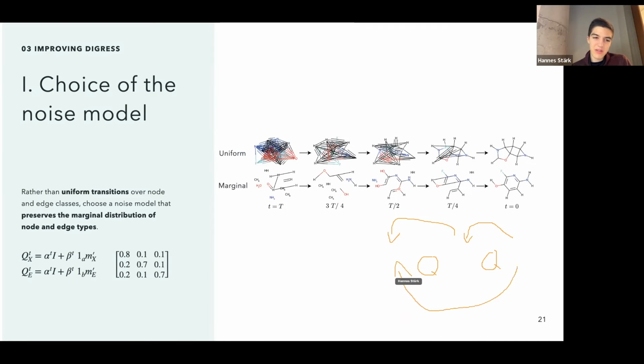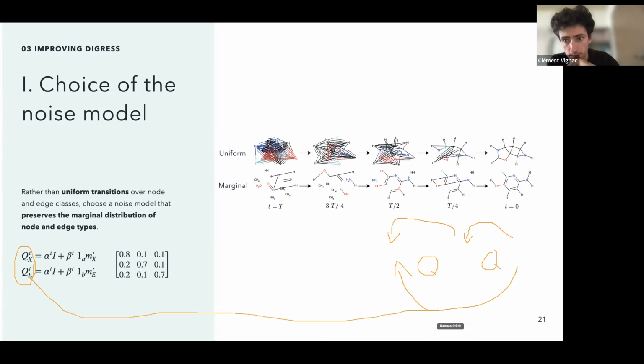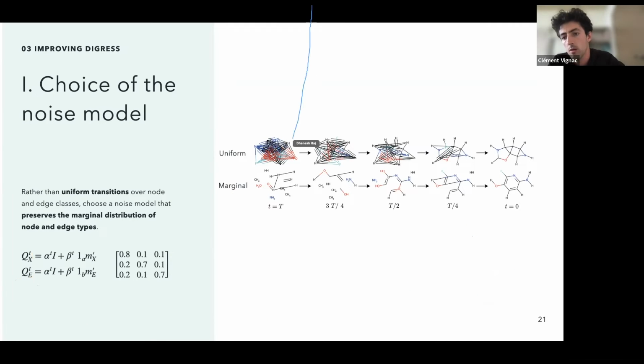But if we go from here to here, then we follow this formula, right? No, this formula is for each q. Then if you do two steps, you need to do the product of the q's. And because these matrices are probability matrices, the product is nice. It has the same form, but you just need to write alpha bar and beta bar. For alpha and beta, we follow the cosine schedule that is used in many diffusion models.